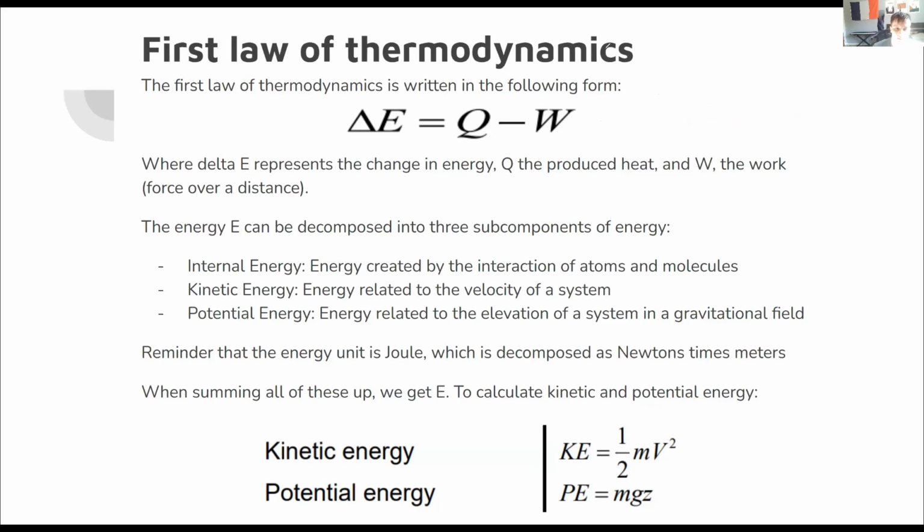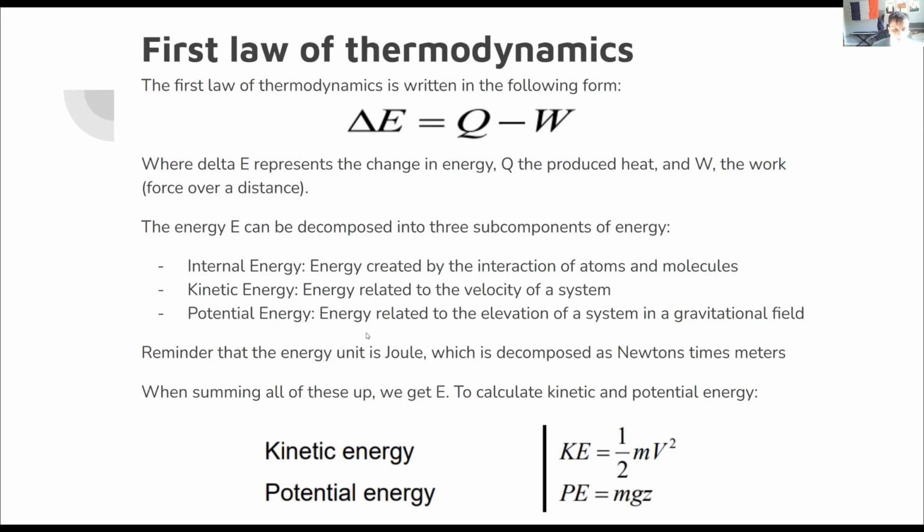Yeah. So energy E usually can be decomposed into 3 different types of energies. Like I said before, there are a lot more types of energies in the world, but these 3 are the only ones that you're going to be studying in this course. Internal energy is energy created by the interaction of atoms and molecules. Kinetic energy is just how fast you are going, and potential energy is usually just how high the substance is relative to a gravitational field.